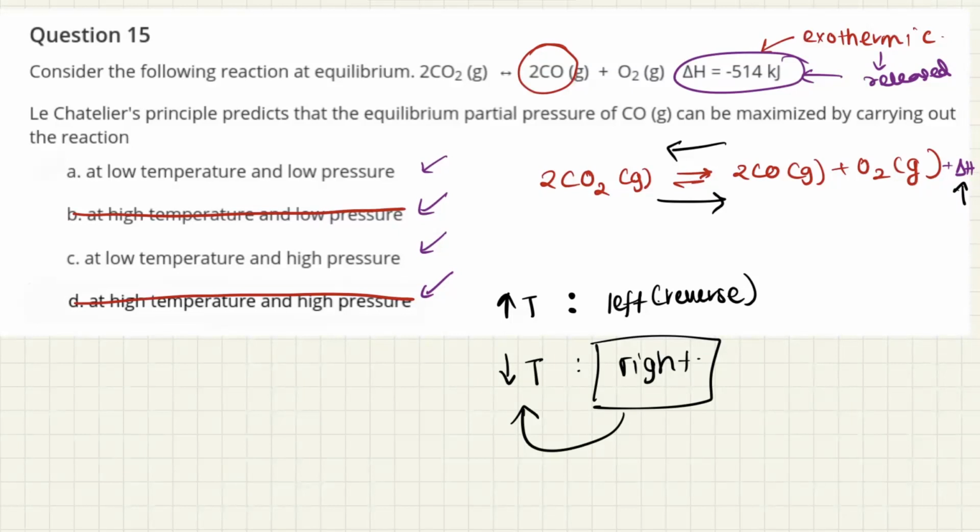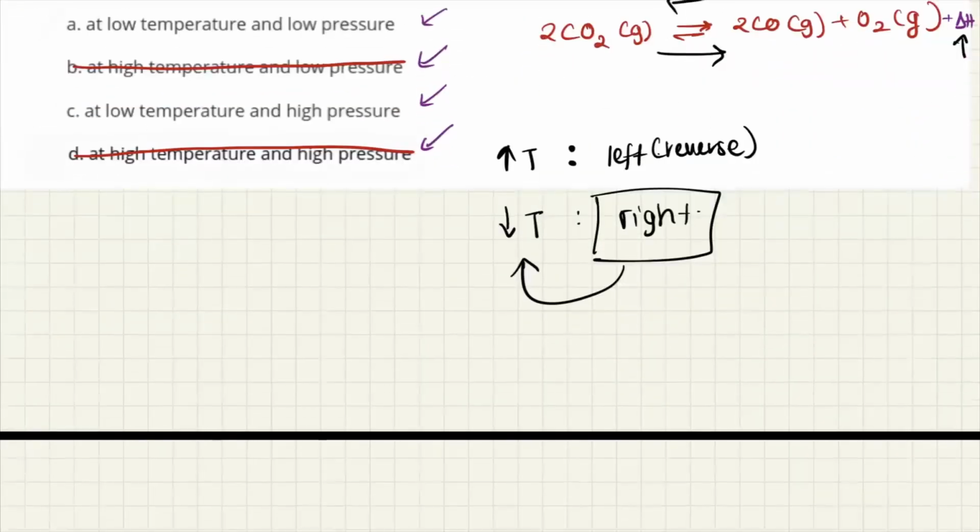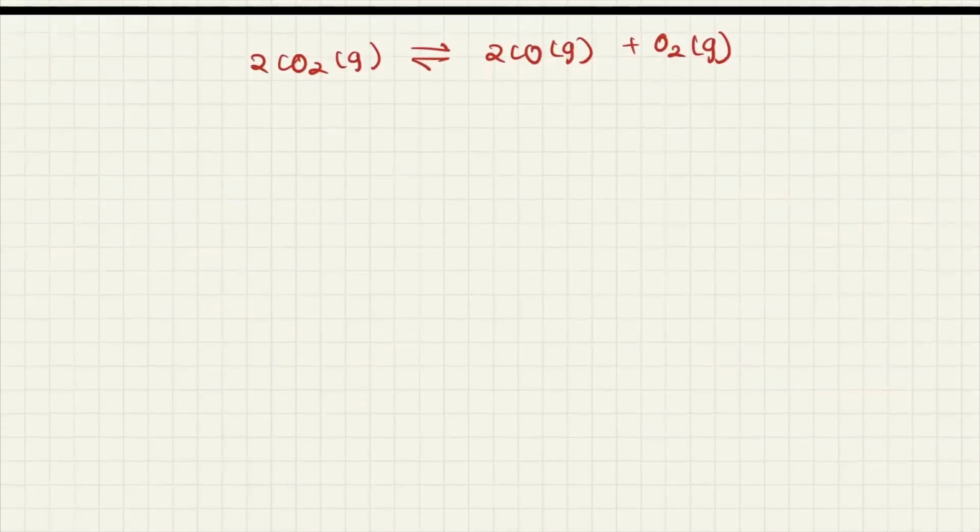So let's just write again our chemical equation. Okay, now for pressure and volume, they both have kind of the same rules, okay?